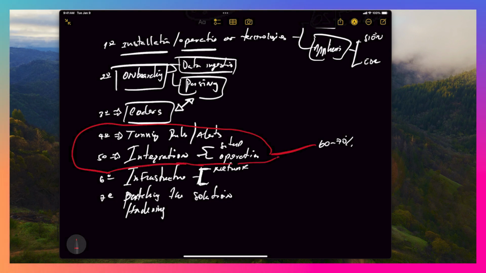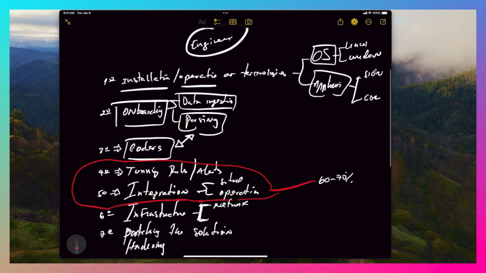Most of every single day, they are tuning the alerts, tuning the use cases, setting up the integrations and improving the integrations. We will build on top of this as we move forward.